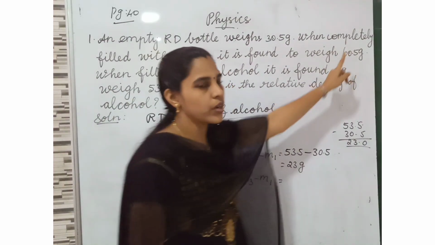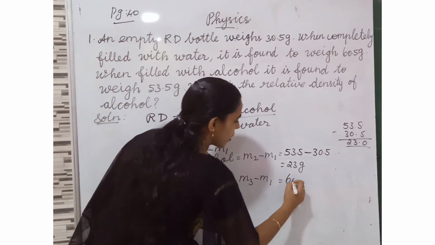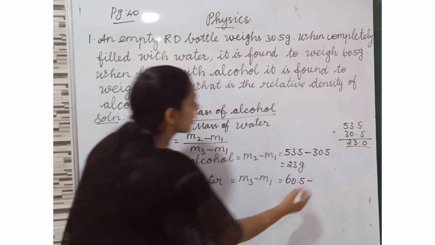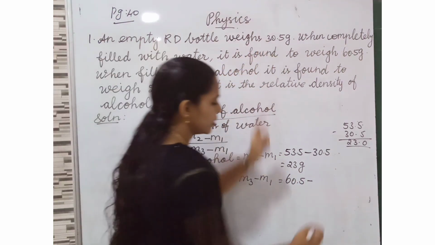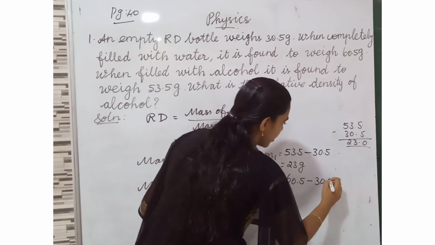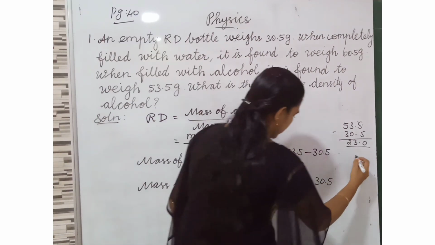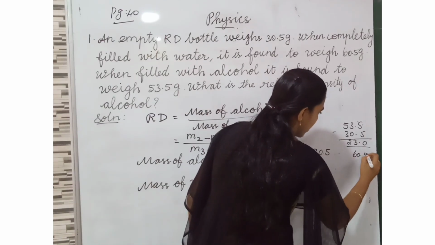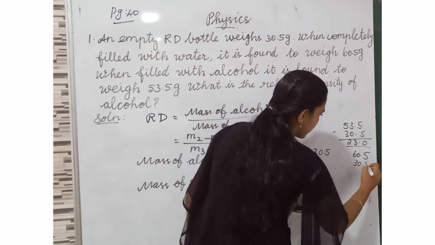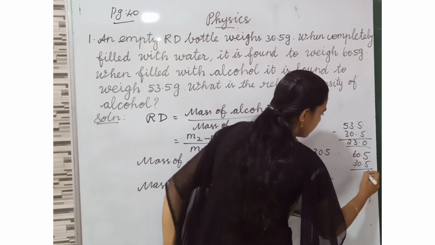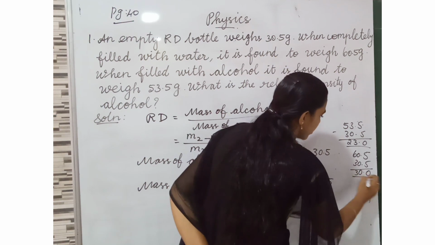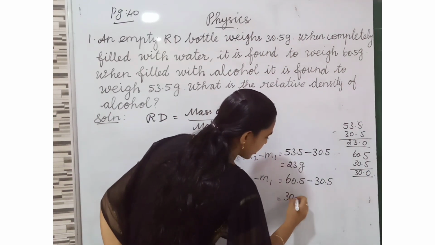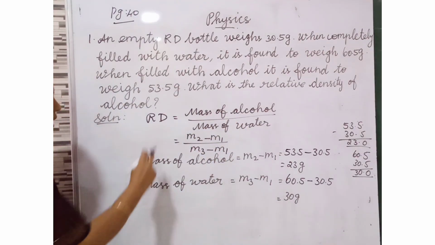So, the M3, okay, 60.5 minus M1, 30.5. Here 60.5, 30.5. How many? 0, 0, then 30. So 30 gram.